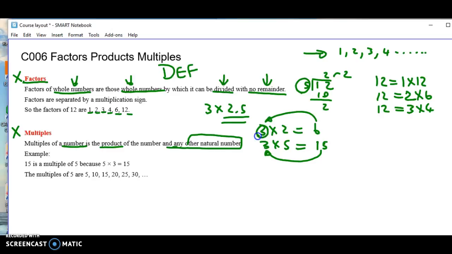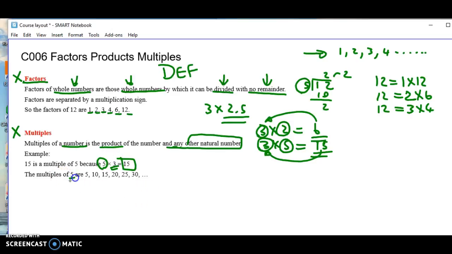It is this number multiplied by a natural number. That gives me the multiples of that number. So look at the example. 15 is a multiple of 5 because 5 times 3, a natural number, makes 15.